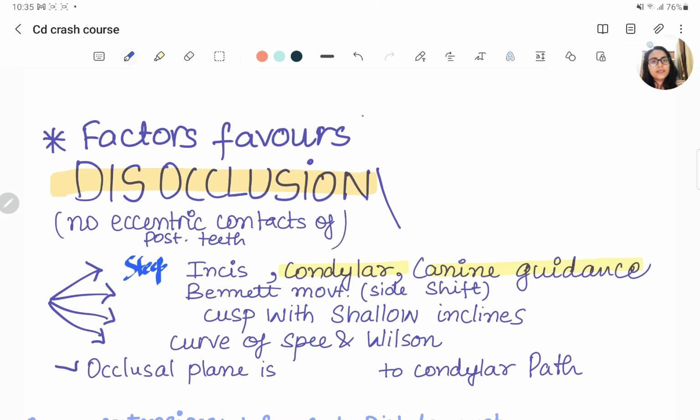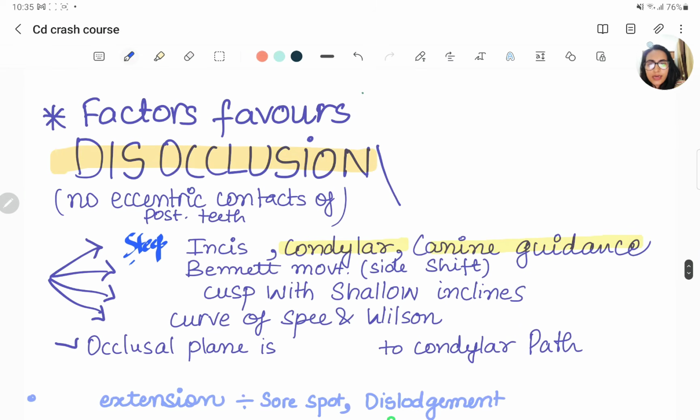So all the guidances, when they are steep, there is going to be disocclusion, because when there is a movement, since the angulation is very steep, there will be posterior space. So posterior disocclusion. Steep incisal guidance, condylar guidance and canine guidance. Rest all the factors are either shallow or they are short or less.